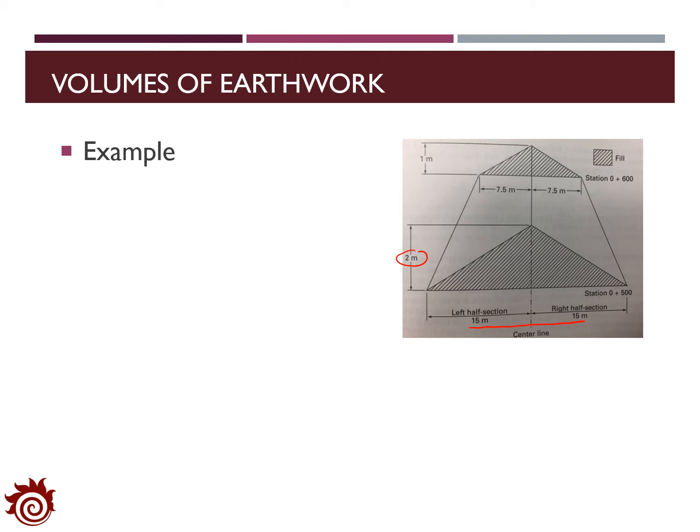At the other end, the base length is 15 meters and the height is 1 meter. We want to find out the volume of the earthwork for this segment with the length of 100 meters, which is from the station 0 plus 500 to the station of 0 plus 600.